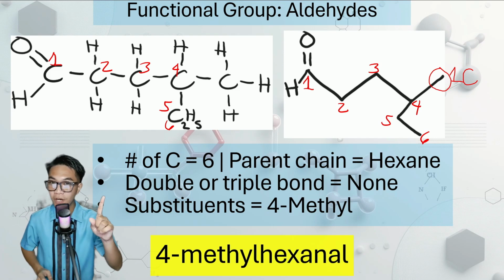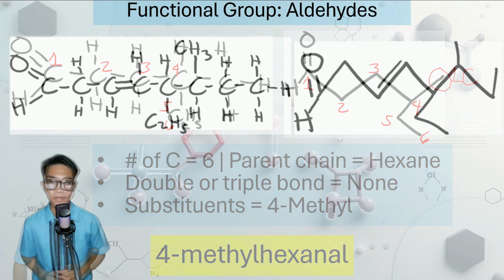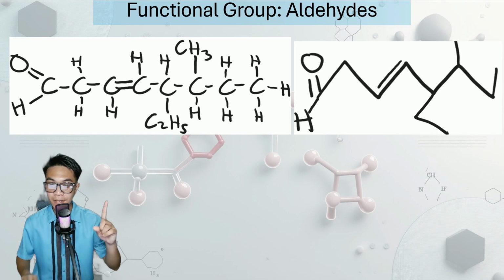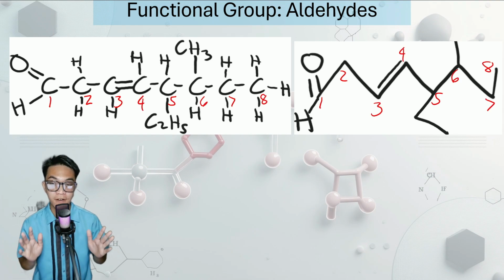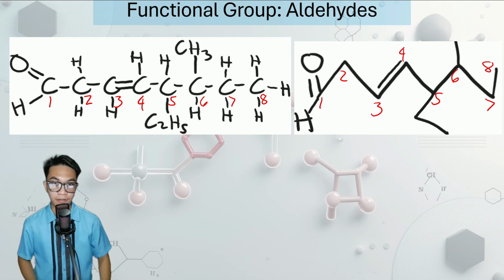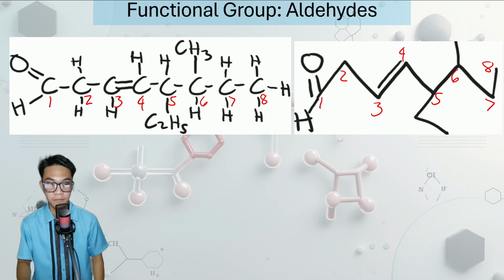Let's try another one with more branches and a more complicated structure. Here is our last example for our aldehyde. Let's get on to the first step: identify the parent chain. As we can see, we have 1, 2, 3, 4, 5, 6, 7, 8 carbons in the parent chain, and that's the longest we can possibly have in this specific example.